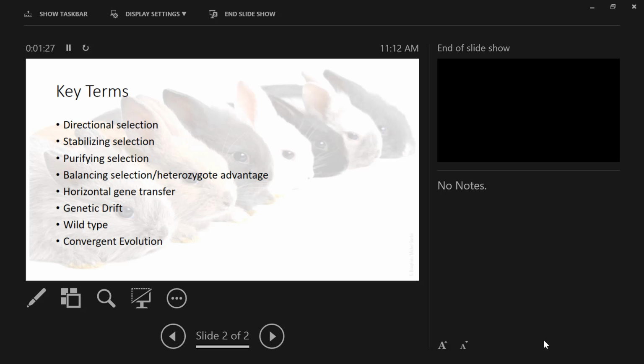And then here on the y-axis, you would do frequency. And you really only talk about directional, stabilizing, and disruptive when you're dealing with QT characters.